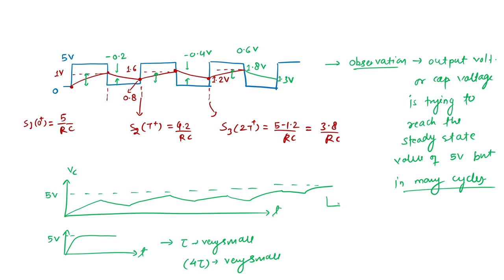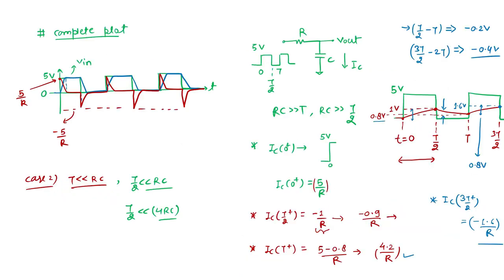Here tau is very large, so 4 tau is also very large. So in this case also my output is reaching 5 volt, but it's taking a lot of cycles to reach there. Okay, I think I could clear my point here.